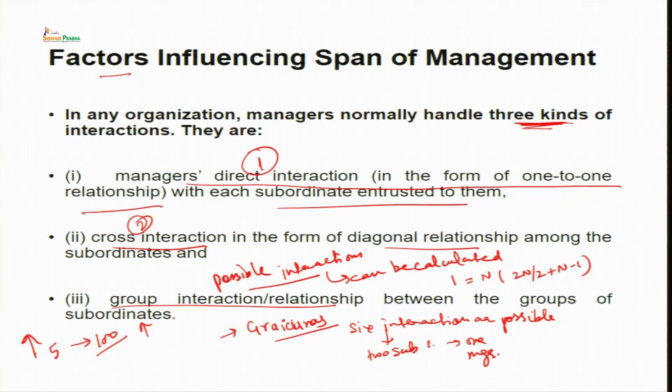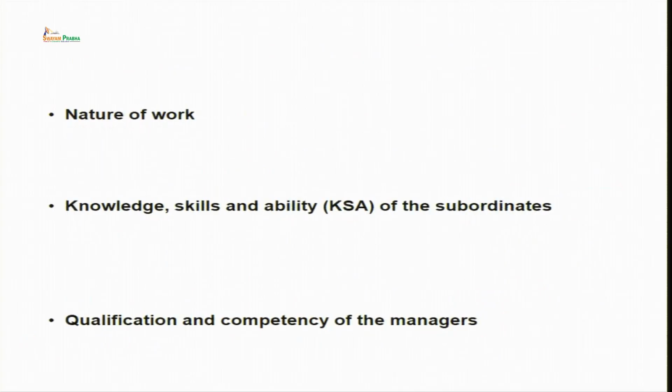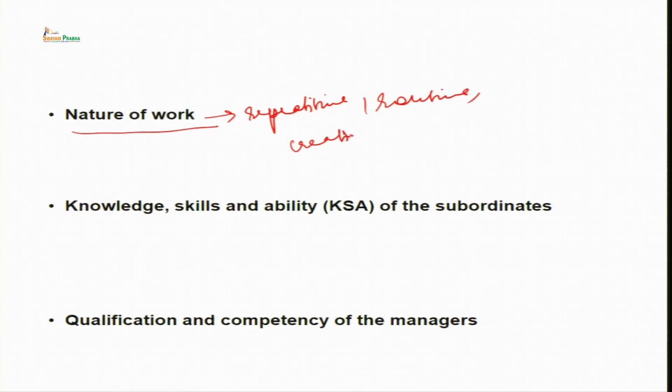Thus, besides the complexity of relationship, some other factors also influence the decision regarding the span of management. And what are these factors? These factors include the nature of work, whether it is repetitive, routine, or needs creativity. It depends on the knowledge, skill, and ability of the subordinates.